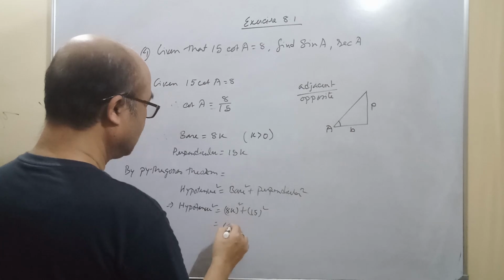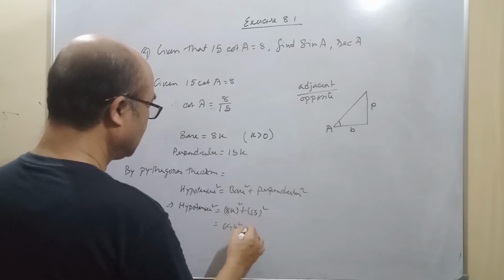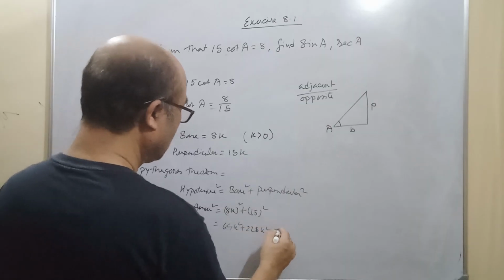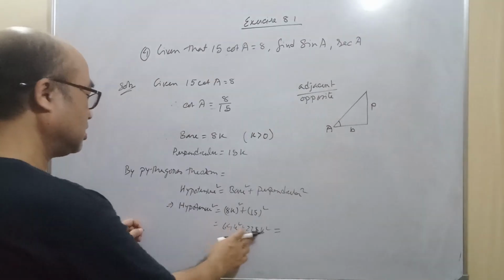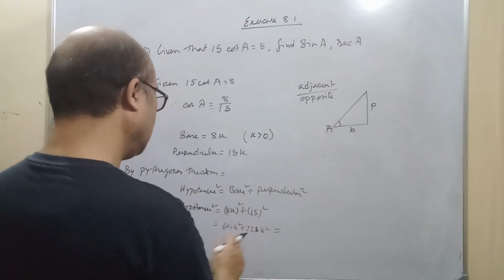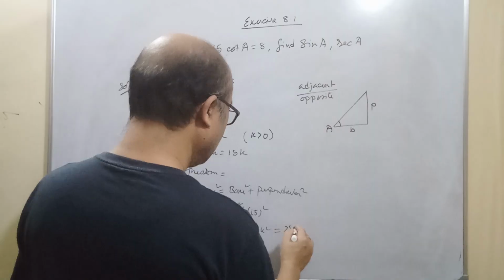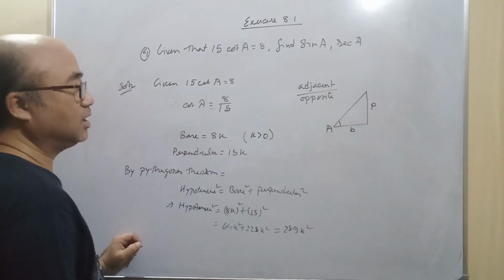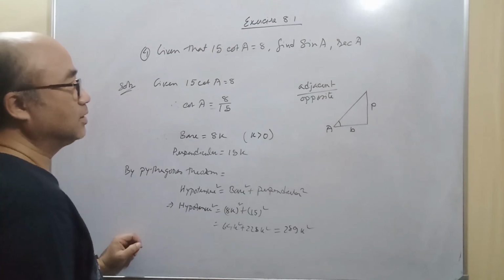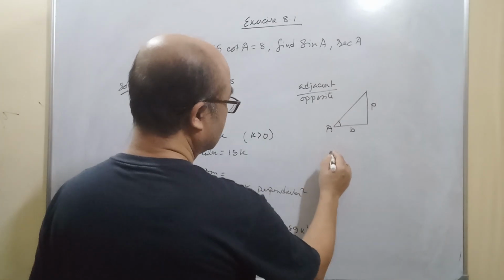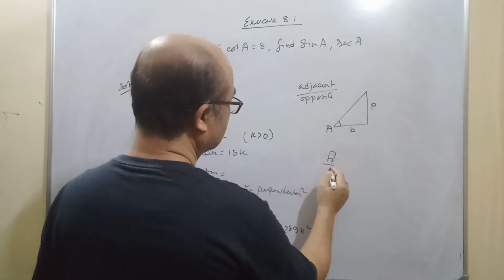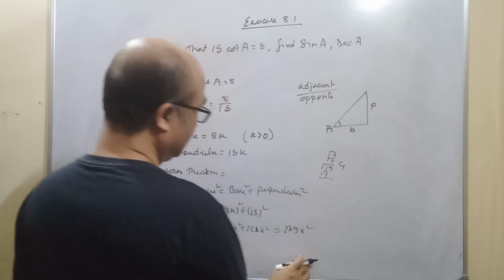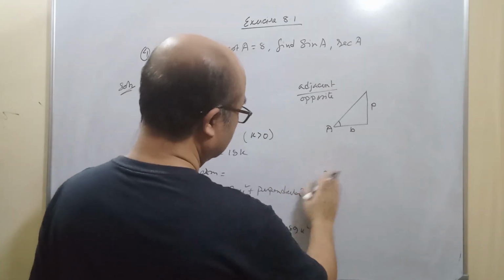This is equal to 64k square plus 225k square, which is equal to how much? 289k square, right? And what is 289? This is 17 into 17. Yes, 17 square.